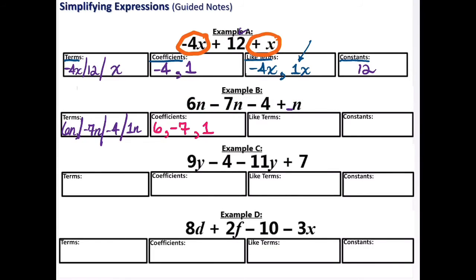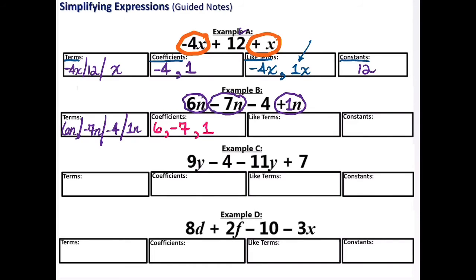Now the like terms are the things that you are allowed to add. So in this one right here, 6n can be added or subtracted to anything else that has another n. So this also has an n, so negative 7n, and positive 1n. Right there.